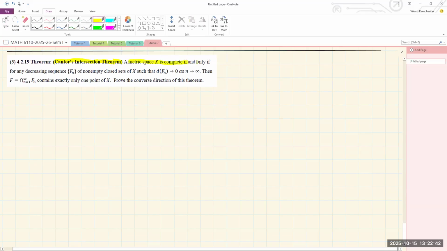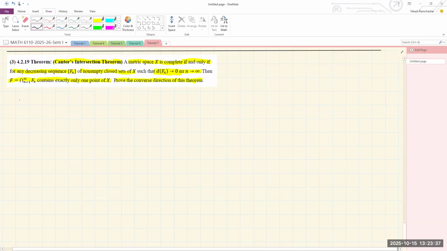It says that a metric space is complete if and only if for any decreasing sequence Fn of non-empty closed sets of X such that the diameter of them goes to zero as n goes to infinity, then the intersection contains exactly one point of X. So if a metric space is complete and you take any decreasing sequence of non-empty closed sets that have a diameter going to zero, the intersection of all of those sets will contain exactly one point. What we are asked to do is to prove the converse of this theorem.